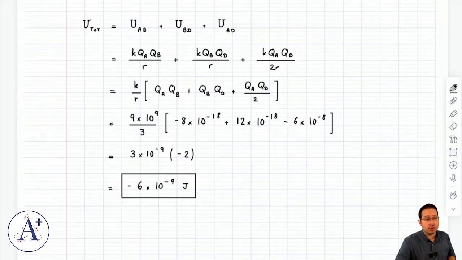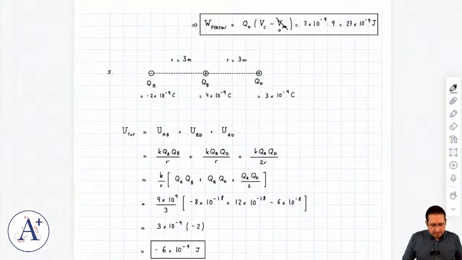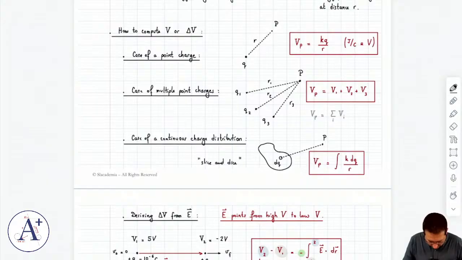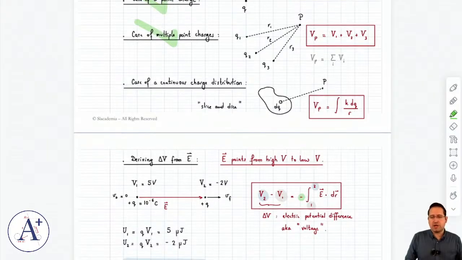Okay, so here we had 2 point charges at first and then eventually 3. That takes care, if we go back just to situate ourselves, of this and of this. Then we have to go over the next 2 cases.